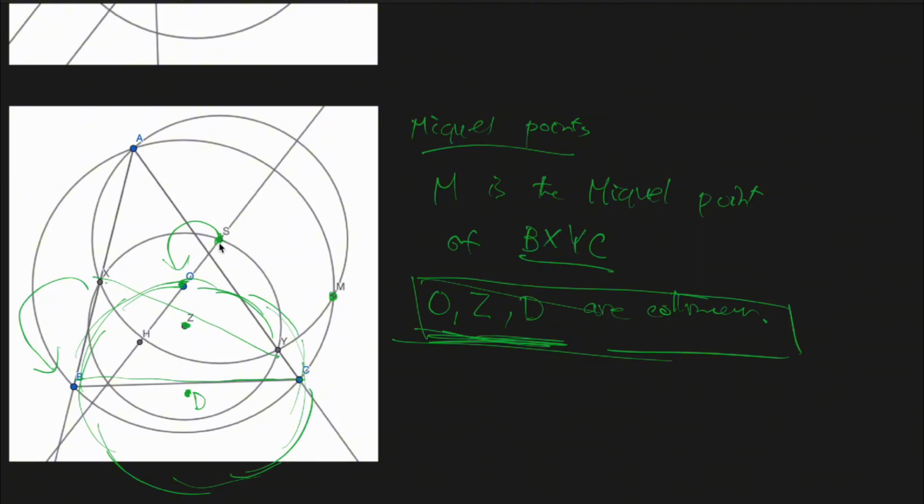Ideally, maybe we can remove S, X, Y, and all that stuff, because after all, they're just images of our A, B, C, O under a spiral similarity. Okay, so what we're going to do is assume that DZ meets the line SO at a point called O prime. Since we want these three to be collinear, we want O prime to be O.